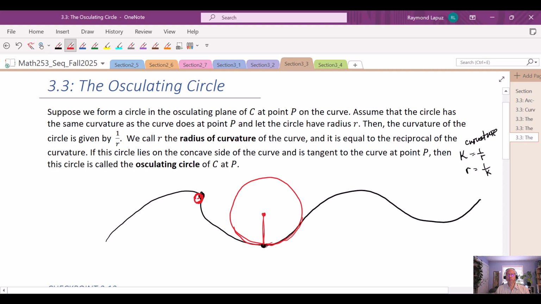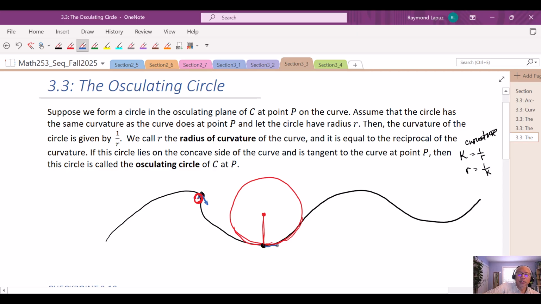Okay, so how does this relate to the TNB frame? Again, we're just sticking with 2 dimensions, so let's not consider the binormal vector right now, but just focus on the other two, the tangent and the normal. We can imagine the tangent going in a particular direction, and then your normal vector would be going in another direction.